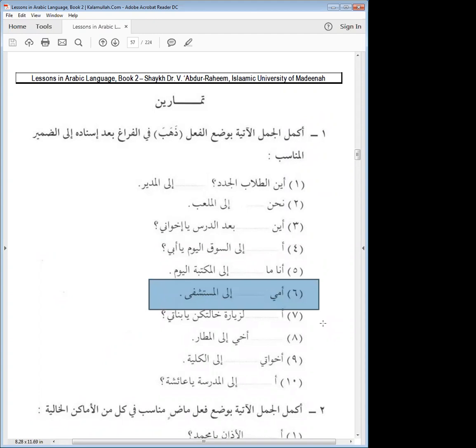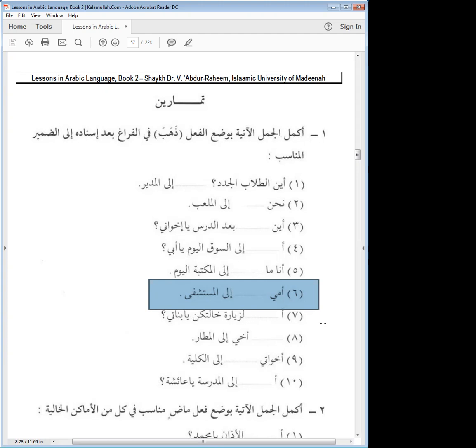Be careful here because we are speaking about my mother, but are we speaking to her? Be careful. Are we speaking to her or are we speaking about her? If we're speaking to her, we use second person, feminine. If we're speaking about her, then we use third person, feminine. Okay?